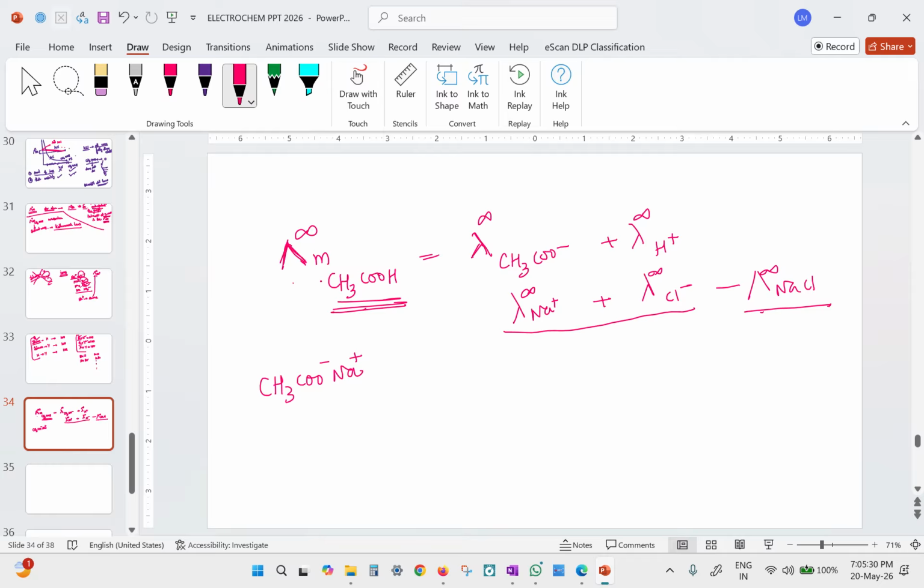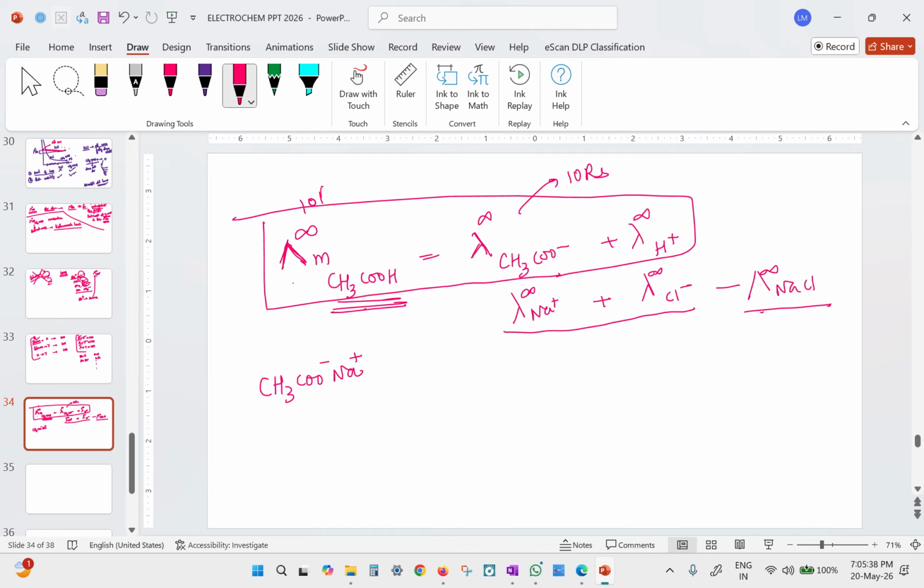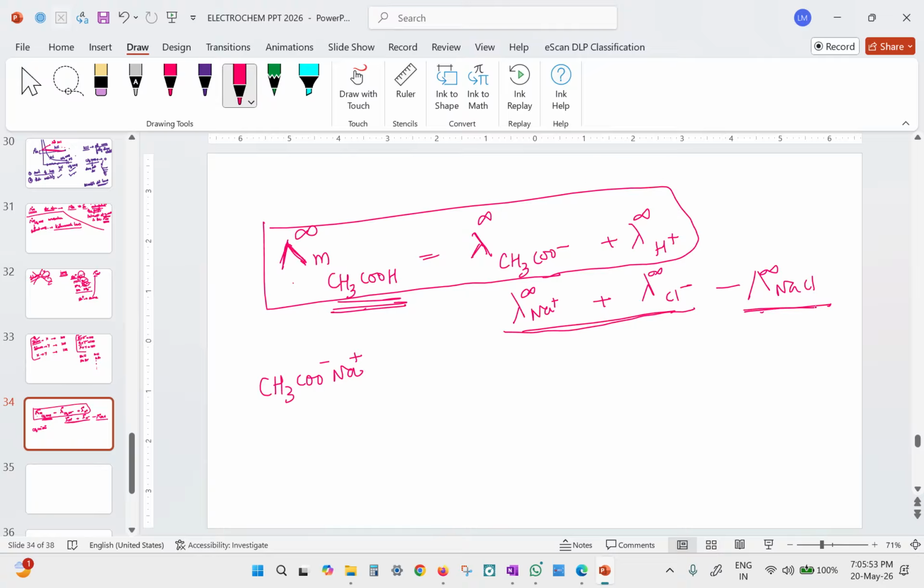No, ma'am. Okay, already this is the equation. To that equation, what I'm doing? I'm adding 10 rupees on this side and 10 rupees on this side. It remains balanced. I'll bring this 10 rupees and write it here as minus 10 rupees. Still it is balanced only, no? Yes, ma'am. That is what we are doing here. So I'm adding NaCl and subtracting NaCl.